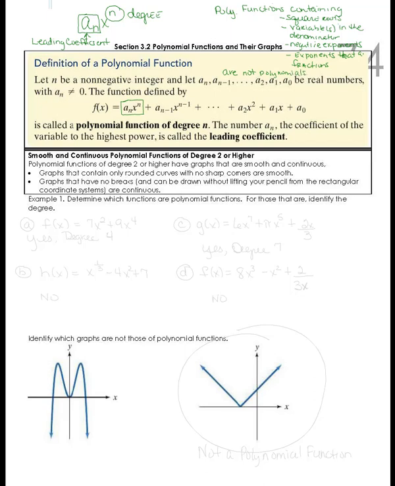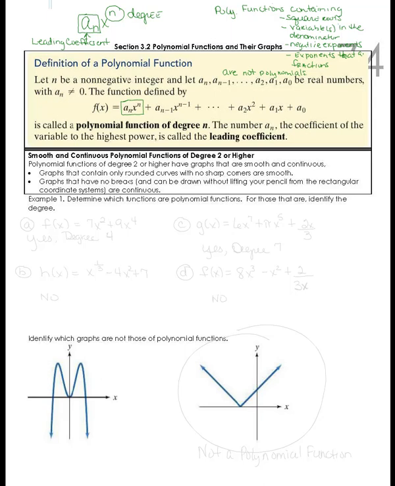So if we see any of these conditions, the question may ask, is this a polynomial or not? If you see a square root, a variable in the denominator, a negative exponent, or exponents that are fractions, it's not a polynomial function.